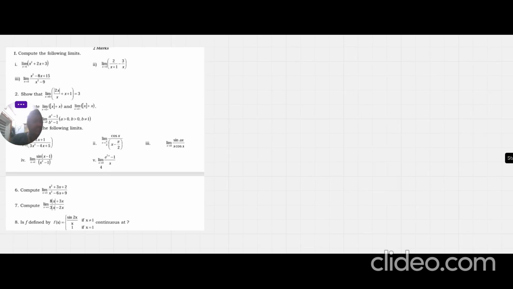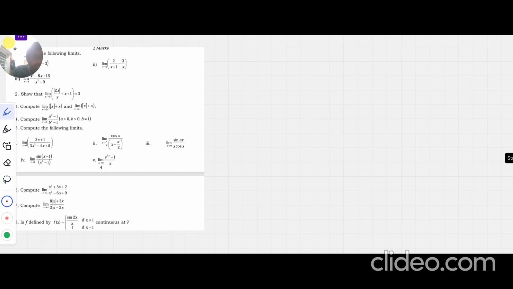Step function, then you will be able to get that part easily. So what is the step function? See, limit x tending to 2 plus of step x plus x, and 2 minus also we require to find out.